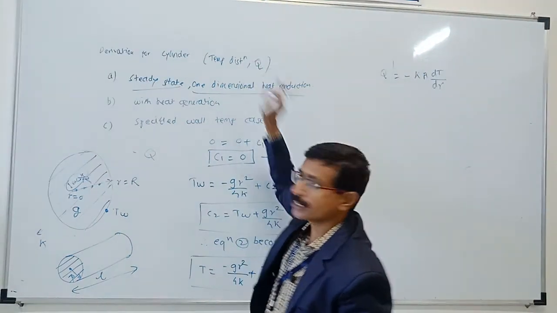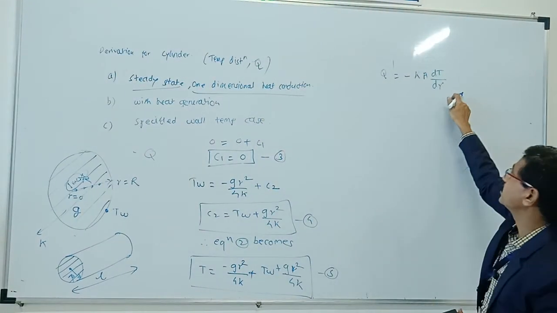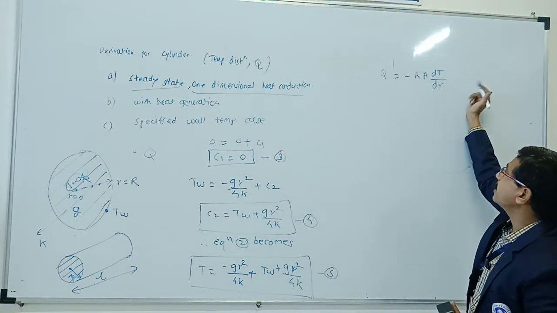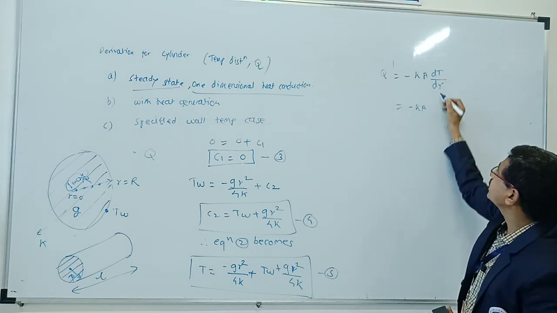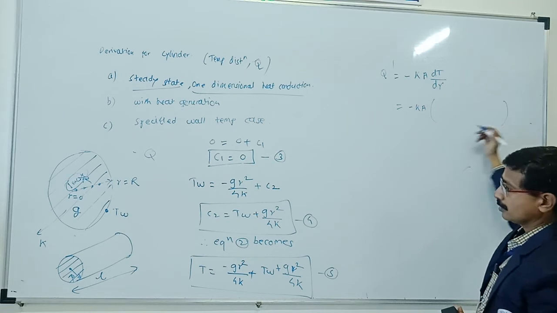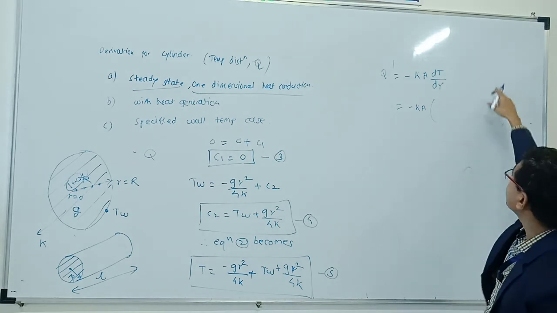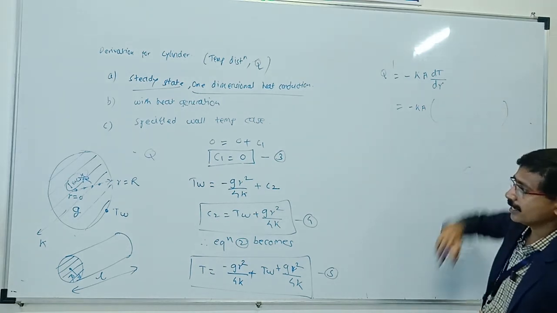That is heat transfer rate. For that I am deriving the equation. So generalize dt by dr, r की वैल्यू मेंशन नहीं है. So minus Ka. What is dt by dr? dt by dr का एक्सप्रेशन आपको याद है, मैंने यहाँ ही लिखा था. क्या था वो जरा देखो.